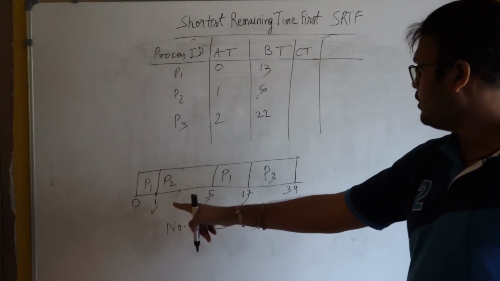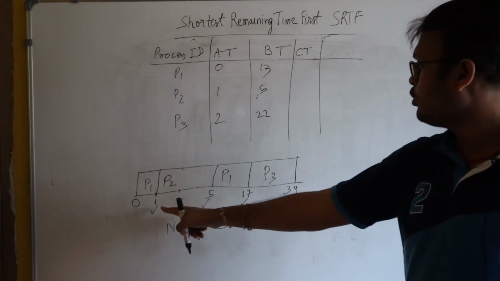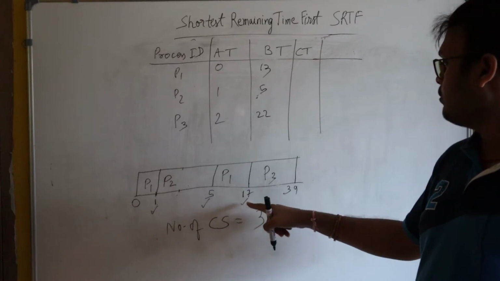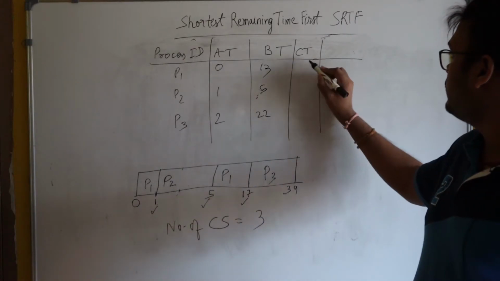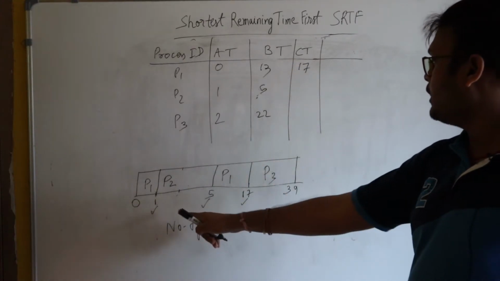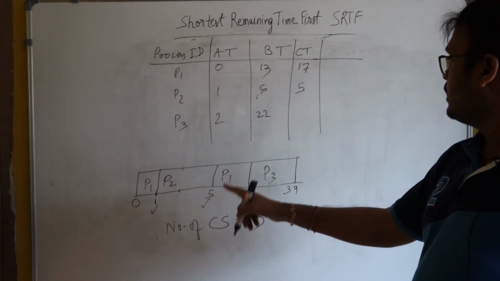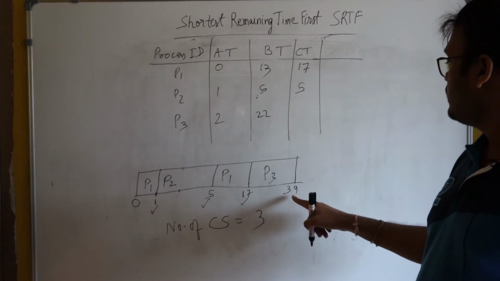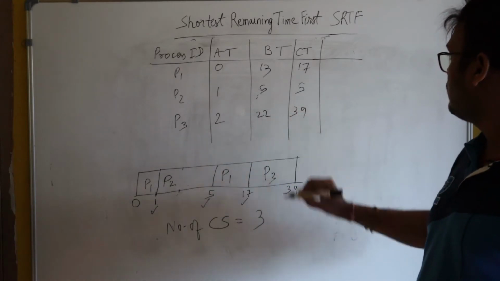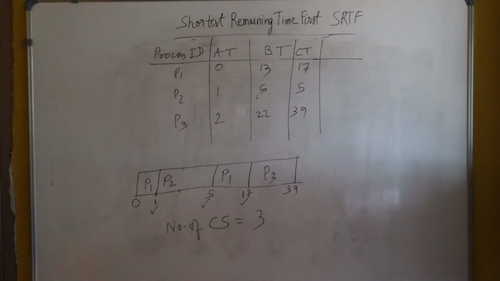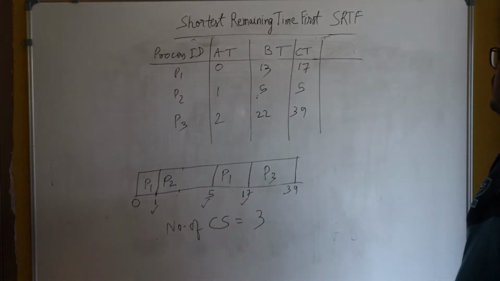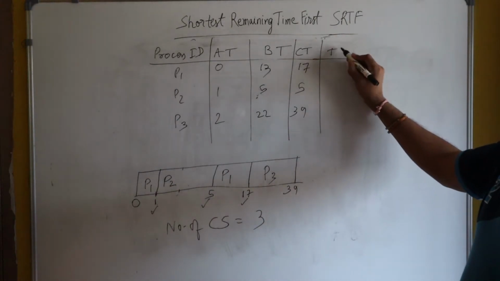Completion time of process P1 is 17 seconds, because at 17 seconds P1 is completed. Completion time of P2 is 5 seconds. Completion time of P3 is 39 seconds. Fine. So now let's calculate the turnaround time.